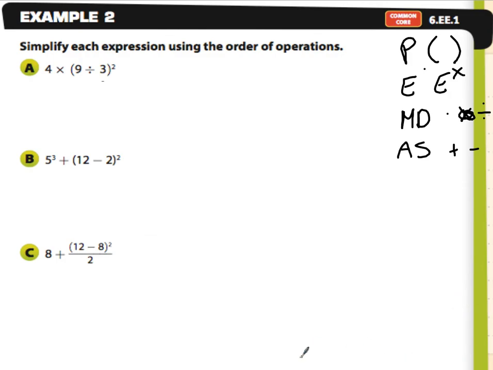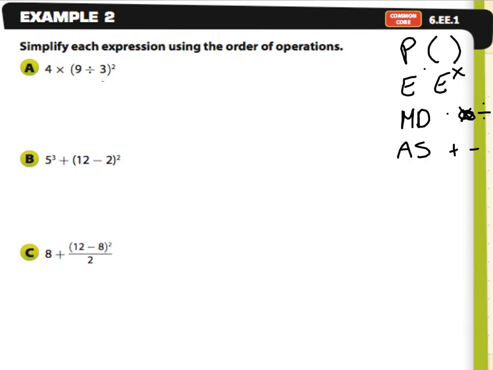All right, so now here's what's really important to understand. You have to look at what's happening within the grouping. You have to do what's inside the parentheses first and then what's outside. So in this case, what's inside the parentheses is 9 divided by 3, and on the outside is the exponent.